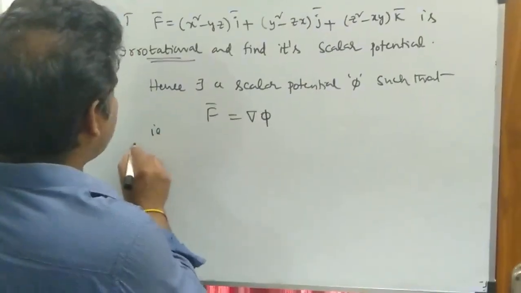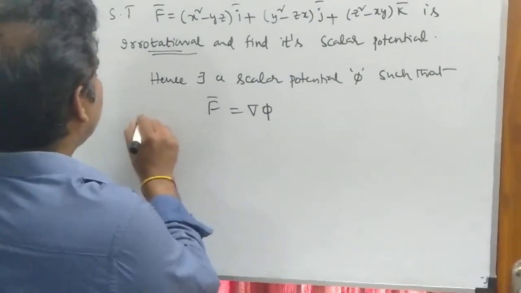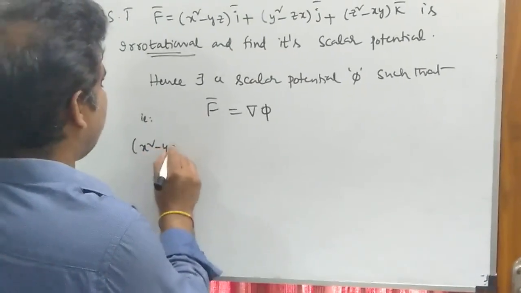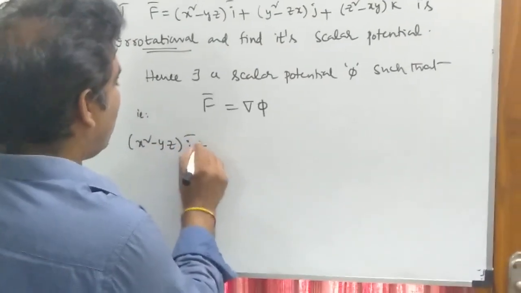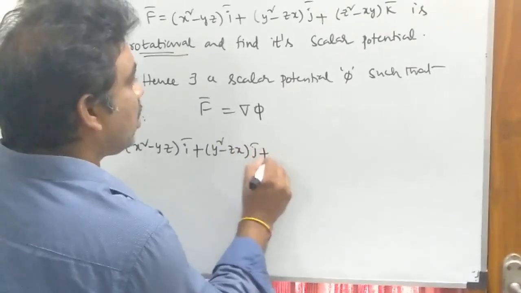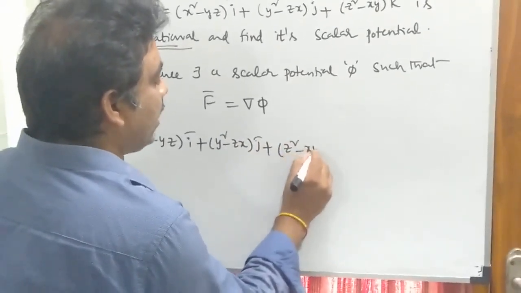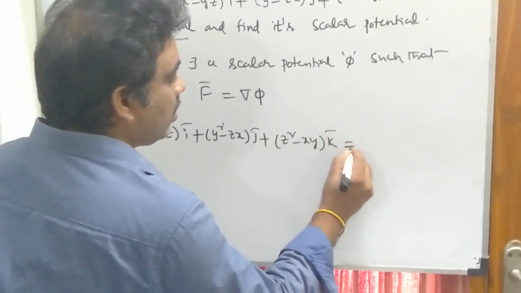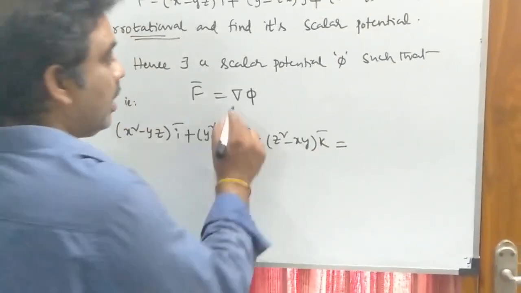That is, f bar is equal to x square minus yz into i bar plus y square minus zx into j bar plus z square minus xy into k bar is equal to grad phi.